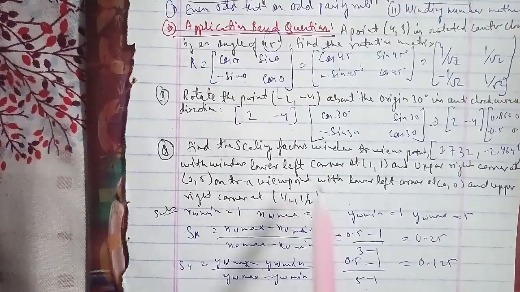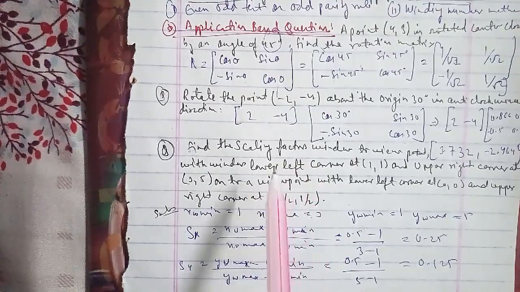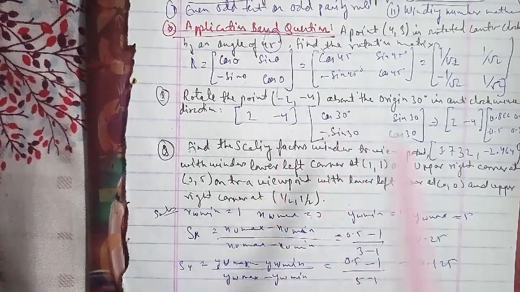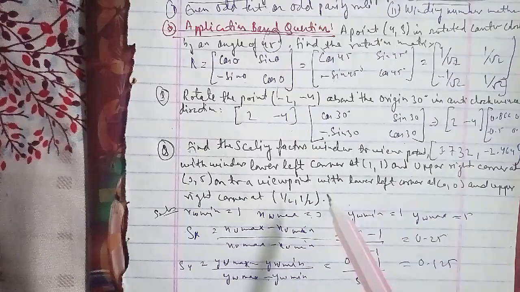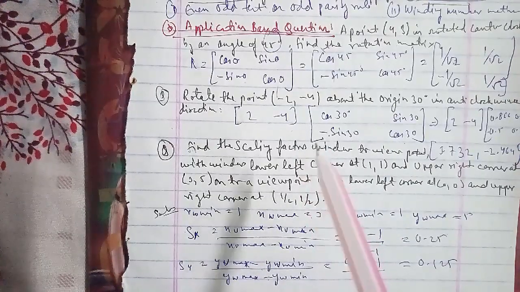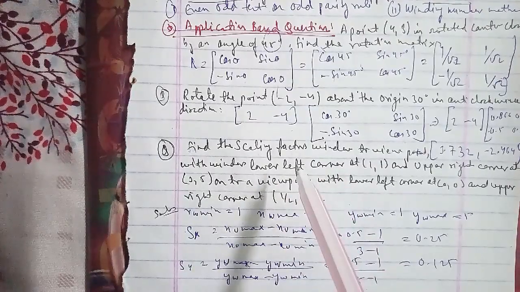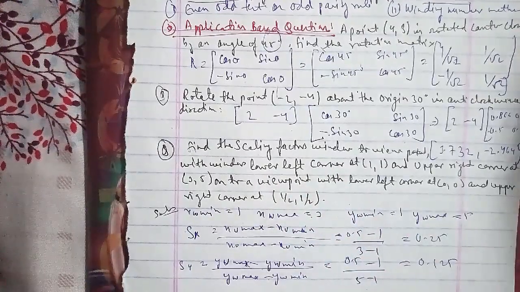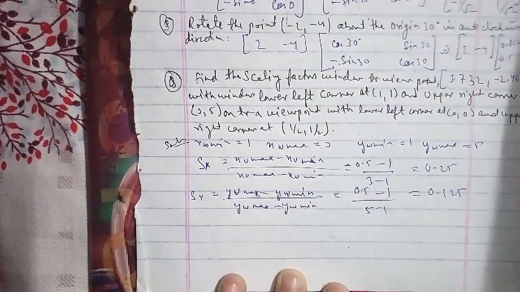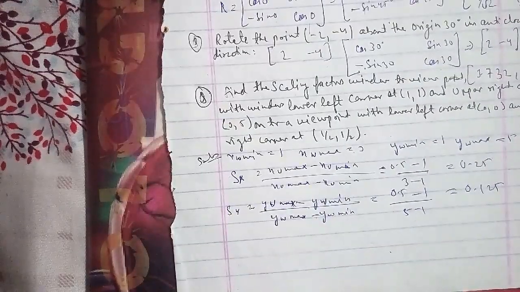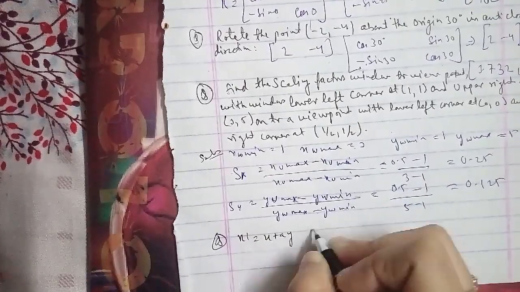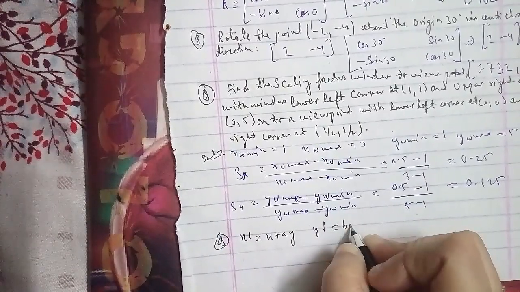For the given equation the transformation matrix is [x' y'] equals [x y 1] times the matrix with shx, shy and 1, which will be solved as [x y 1] with 1, b and a, 1 here.